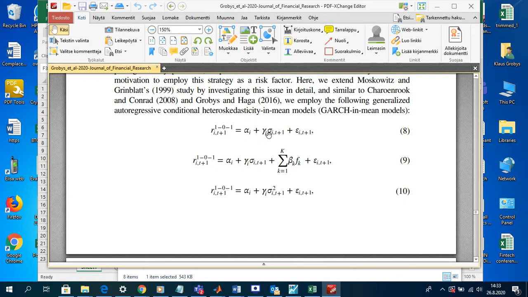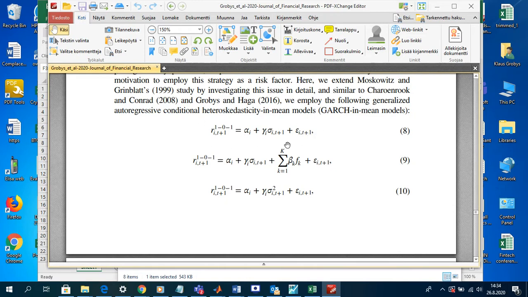Then we have the conditional volatility, here denoted as sigma, times the sensitivity, the loading against the volatility, denoted here as gamma. Also, because it's a model that has to be estimated, we have an estimation error, the residual term epsilon.